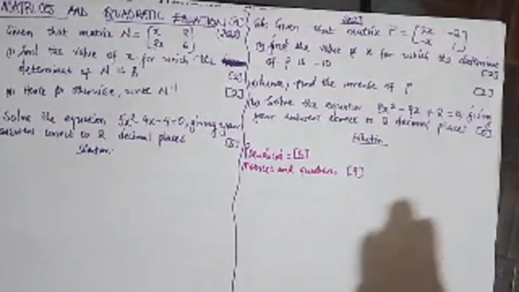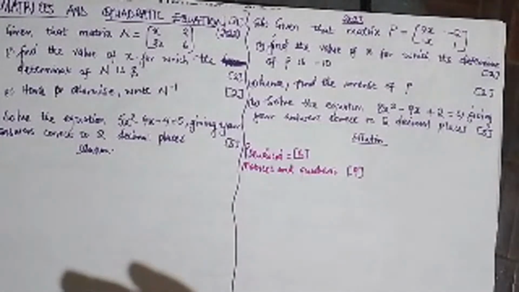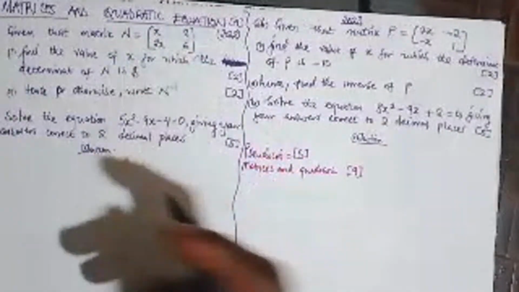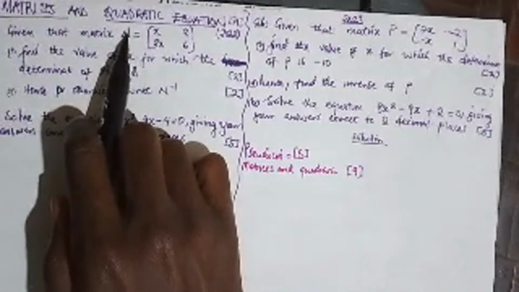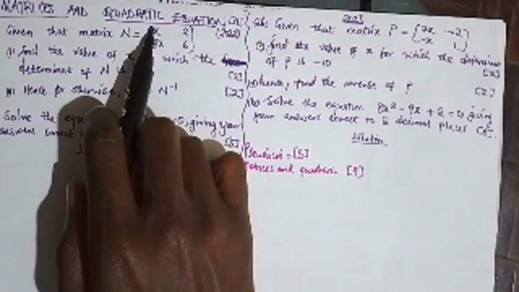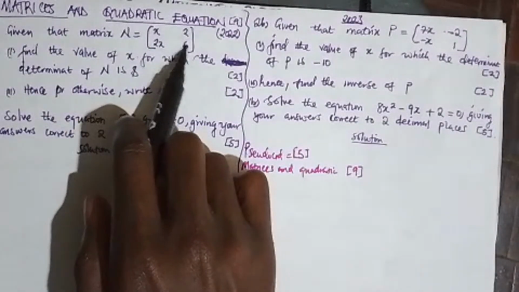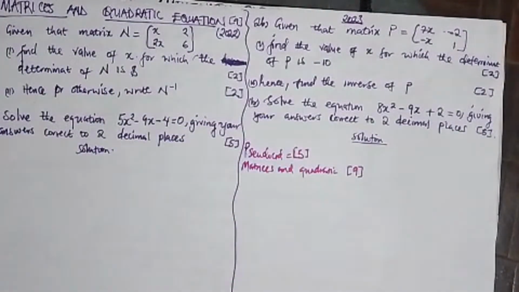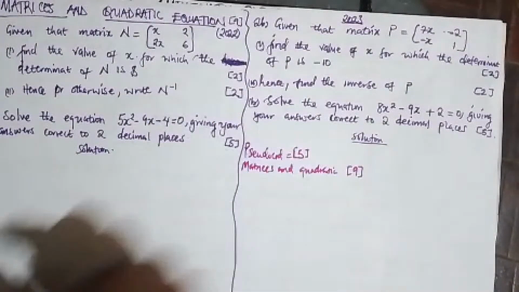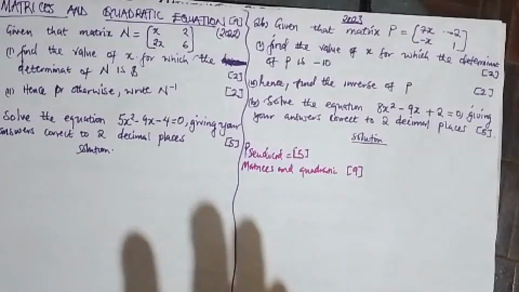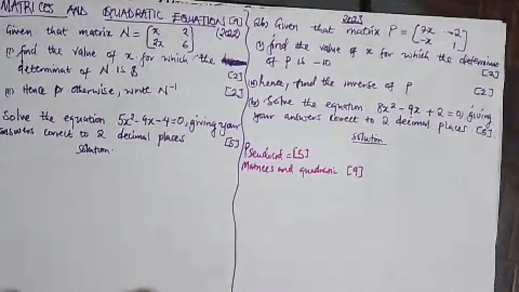So the way we calculate the determinant is, let's take our example. Given that the matrix N is x, 2, 2x, and 6, find the value of x for which the determinant of N is 8. So here they want us to calculate the what? The determinant.